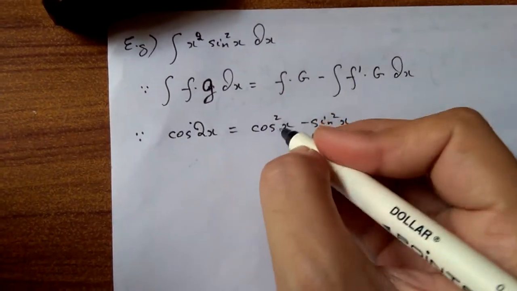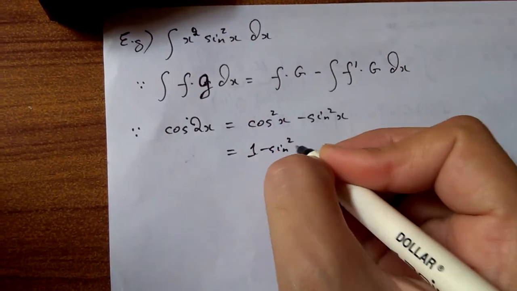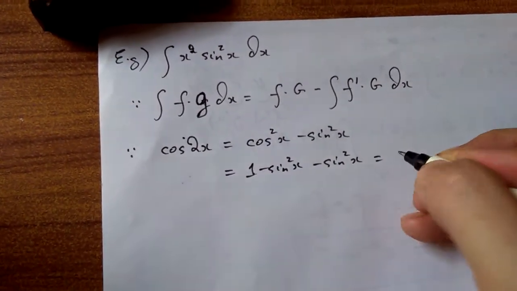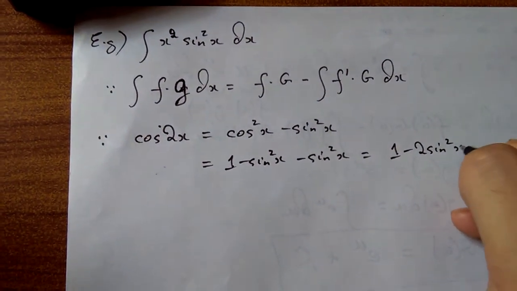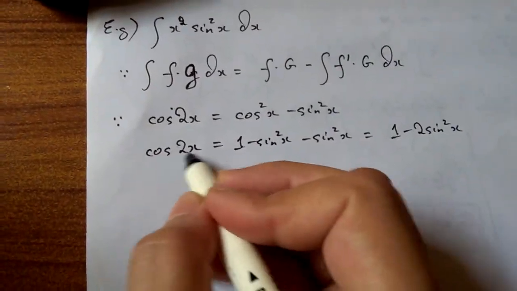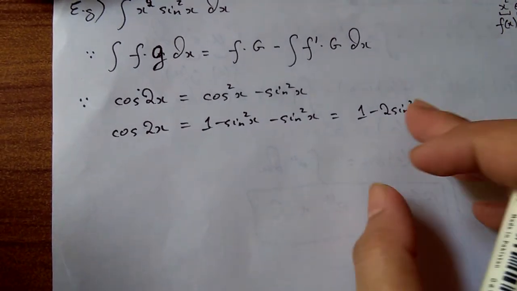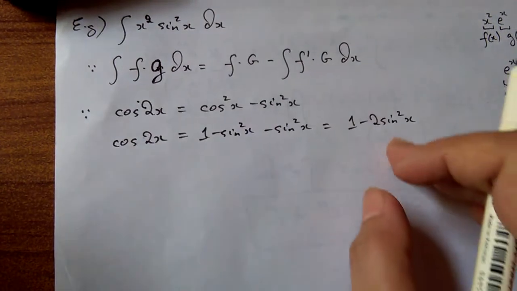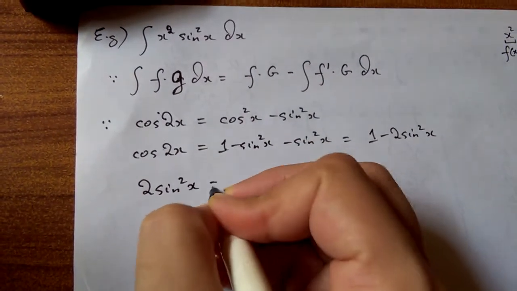If I write this cos square x as 1 minus sine square x, it comes out to be 1 minus 2 sine square x. So cosine of 2x equals 1 minus 2 times sine square x.